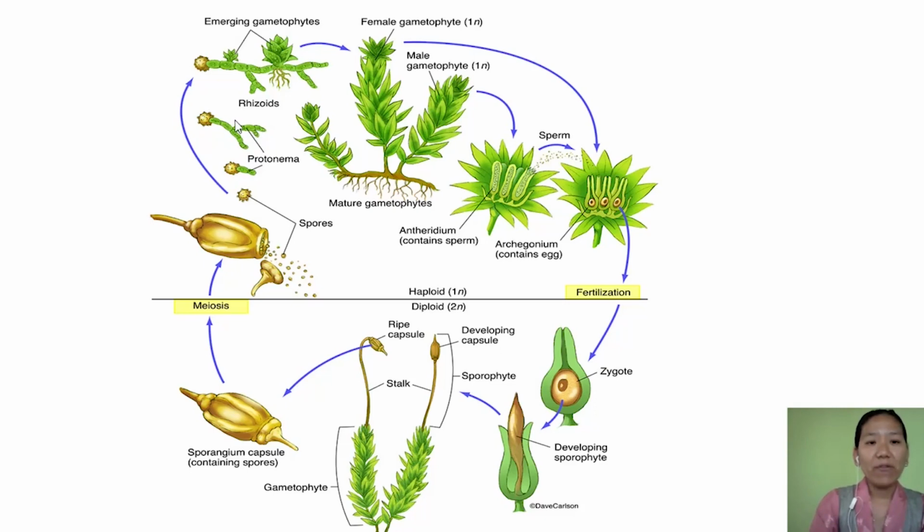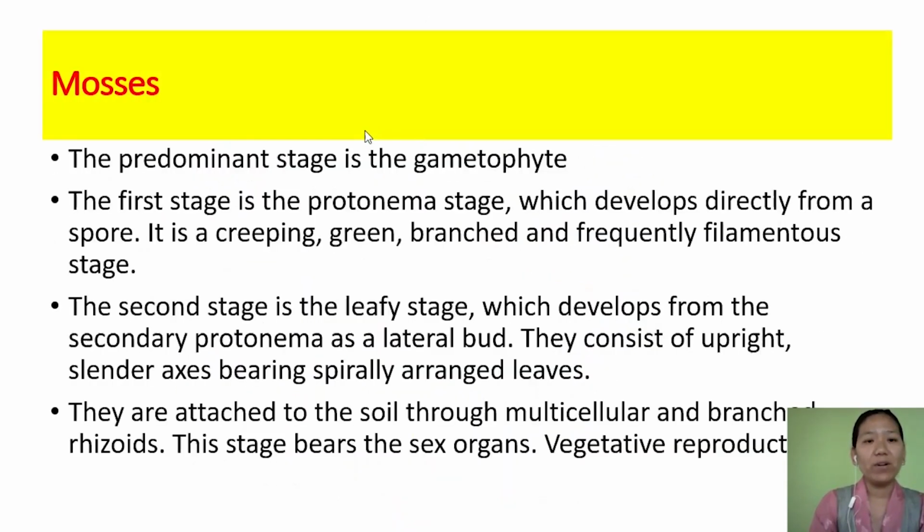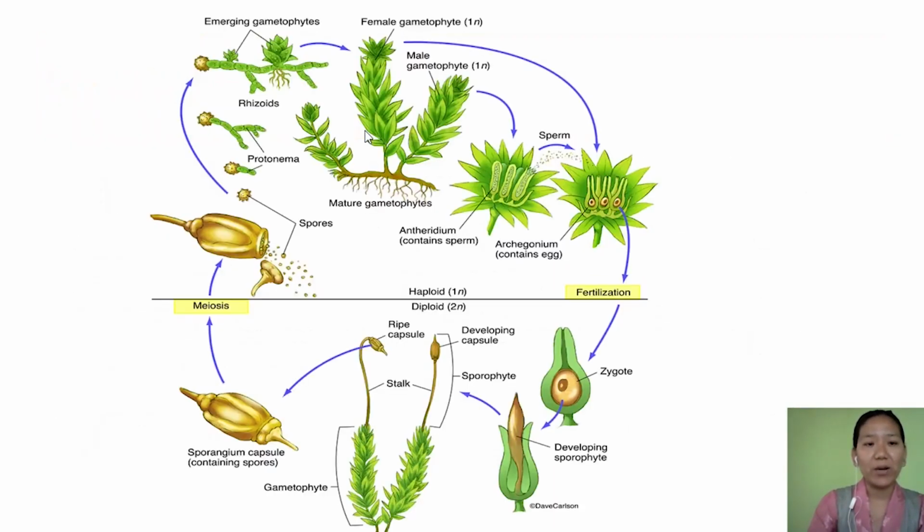After this filamentous protonema stage, we have a leafy stage. The first stage is the protonema stage, which develops directly from spores, and it is green, creeping, branched and frequently filamentous, as we have seen here.